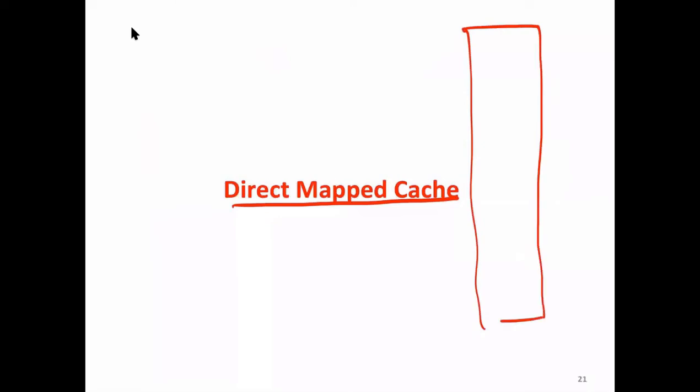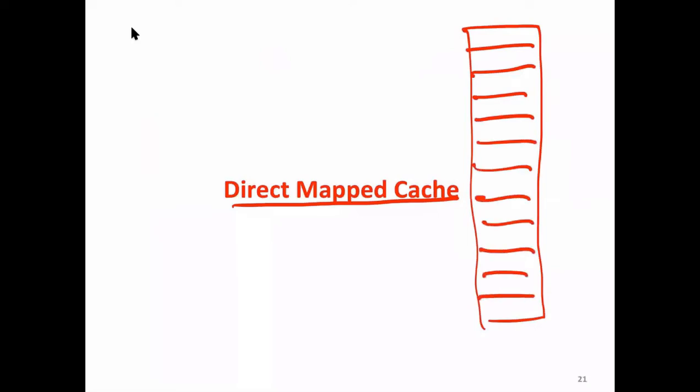Note that we have a huge main memory. It consists of a number of blocks, and this is to be mapped into cache, which has a small number of blocks. Let's assume blocks are of the same size.